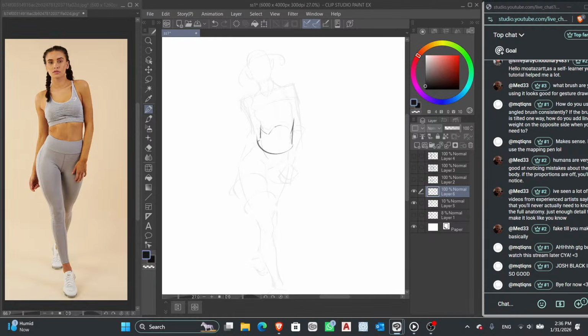This way. These are the clothes. And so on, guys. She might wear a dress or something.